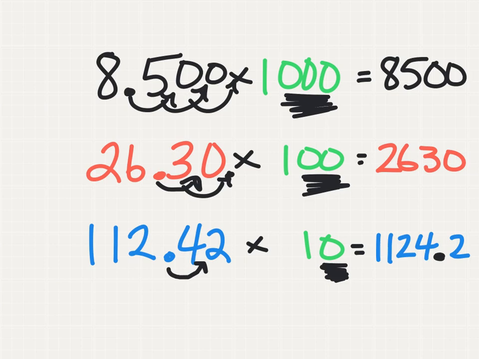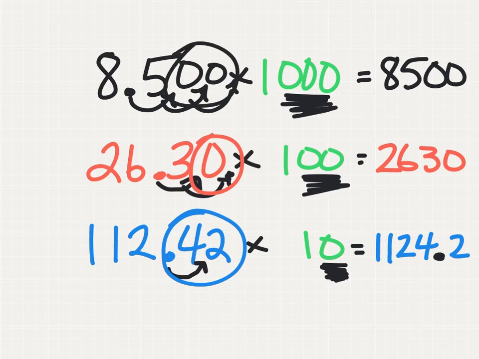You'll notice sometimes I didn't add any zeros because it wasn't necessary, while other times I added zeros in order to be able to move that decimal further to the right. So sometimes we're adding zeros and sometimes we're not. We only add them when we need to in order to move the decimal further to the right.